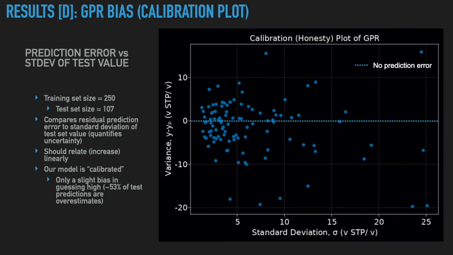And what that means is that their variance is negative, which means that the test value is less than the prediction value. So we found that about 53% of the data was over predicted, which gives us the indication that the GPR has a slight bias towards over predicting the values.